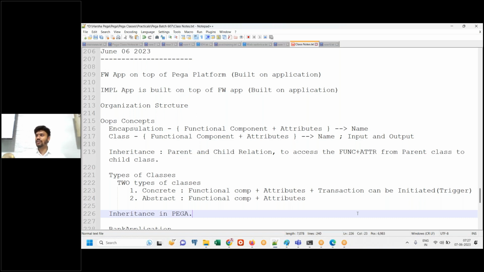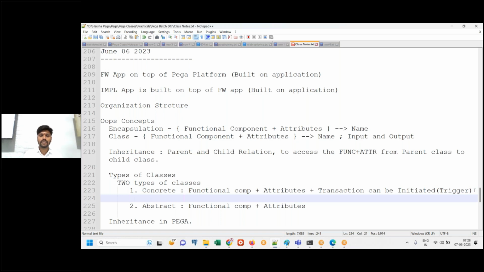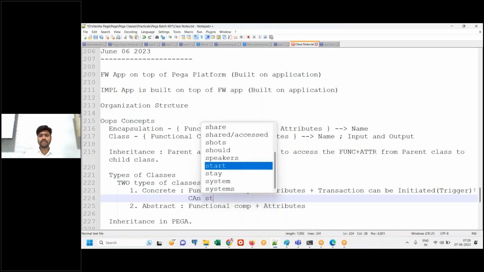From there onwards, execution of each component will start. Finally, the laptop will be live. So a transaction can be initiated. That's the triggering point. This class has the ability to initiate the transaction and execute it. And a transaction ID also will be created, or not? It can store additional points, it can store.